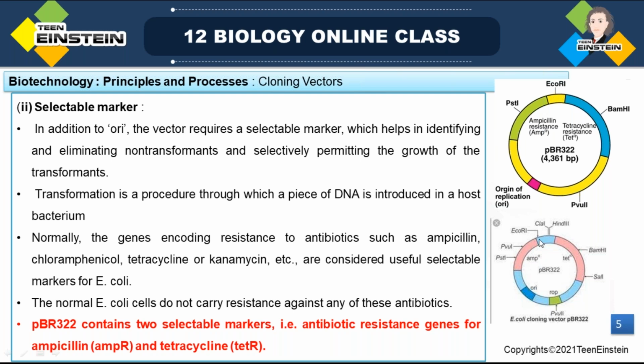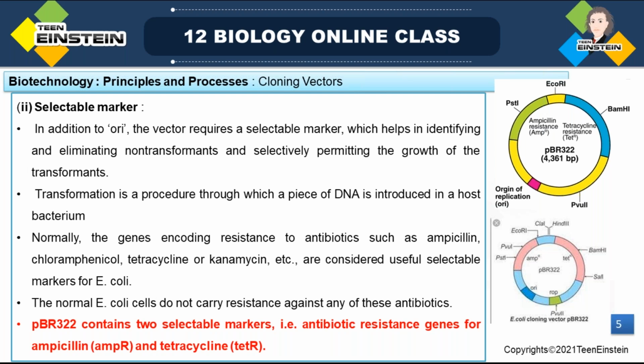So these are the selectable markers which are present in pBR322, which is an E. coli cloning vector. Which are those? Ampicillin resistant and tetracycline resistant.